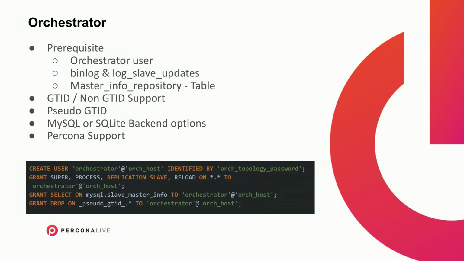It is like drop view if exists for a database which does not exist, so it is just an empty transaction. It inserts a GTID-like transaction in the binary logs so that it can track the changes and cope with GTID.